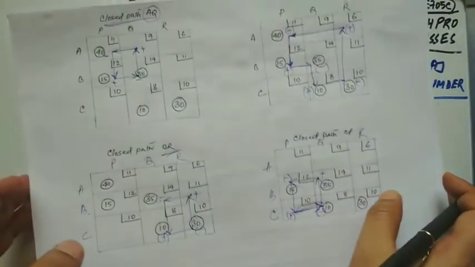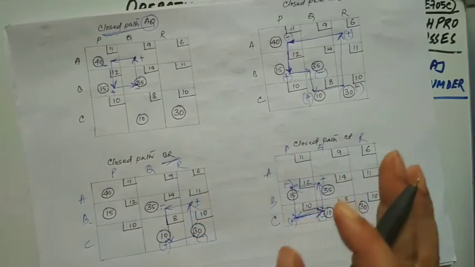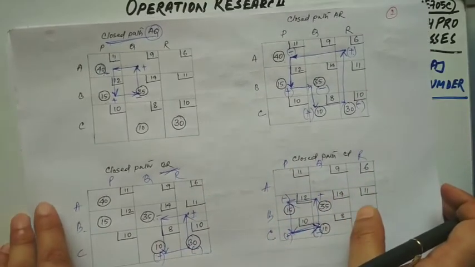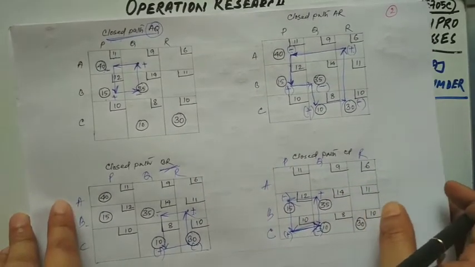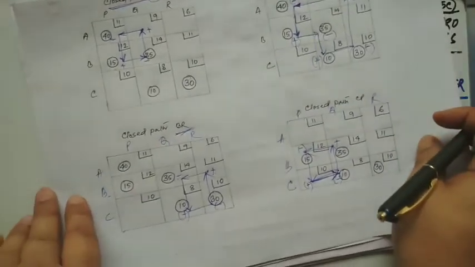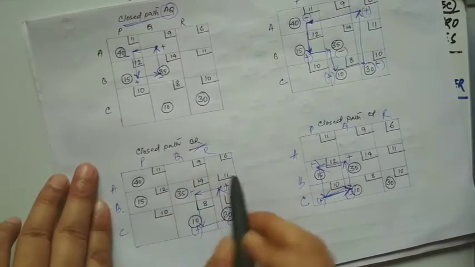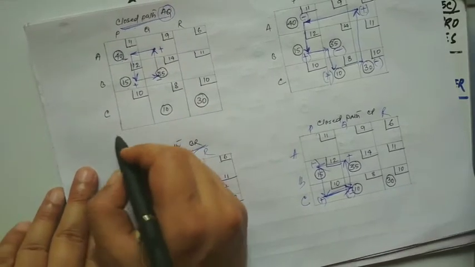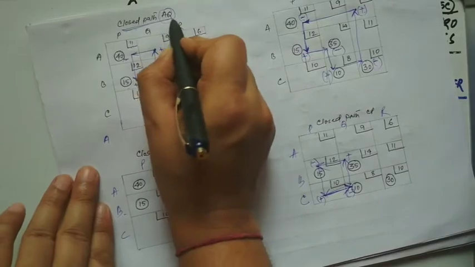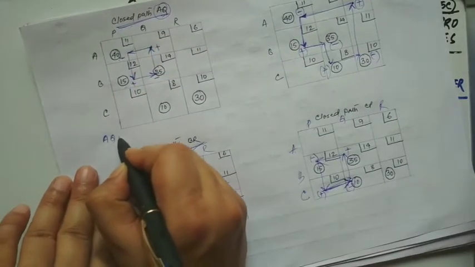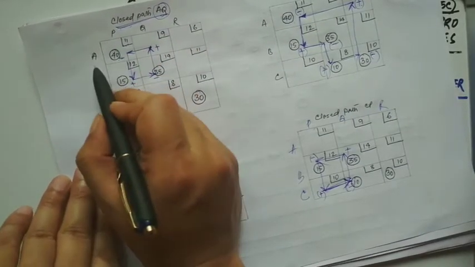Now we have all the closed paths for the water square. So we can now write the paths, and the net cost change we have to calculate. How to calculate? Let me show you. For this path AQ, I can write AQ.